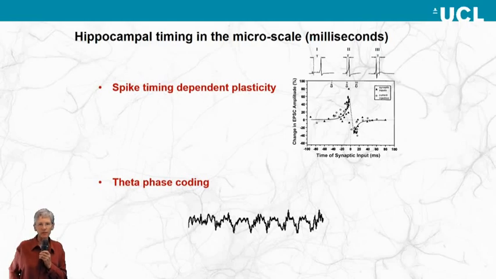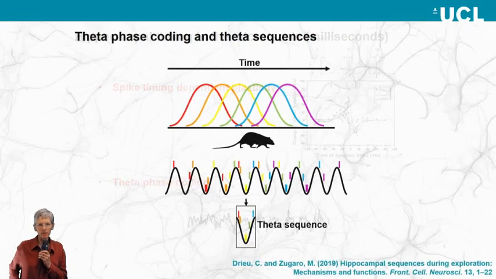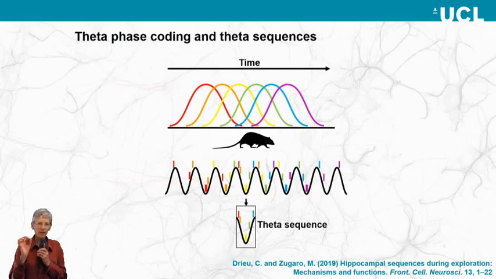We've met phase precession, and one of the reasons that phase precession is interesting is because the very precise timing that it allows might be a way of allowing the hippocampus to learn sequences. We've just seen that the hippocampus seems to be important for learning sequences of events and sequences of places and all sorts of other things. So how might this work?